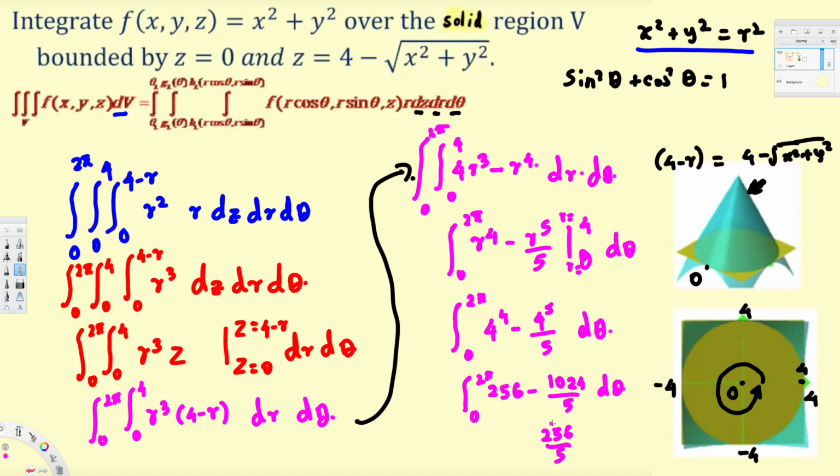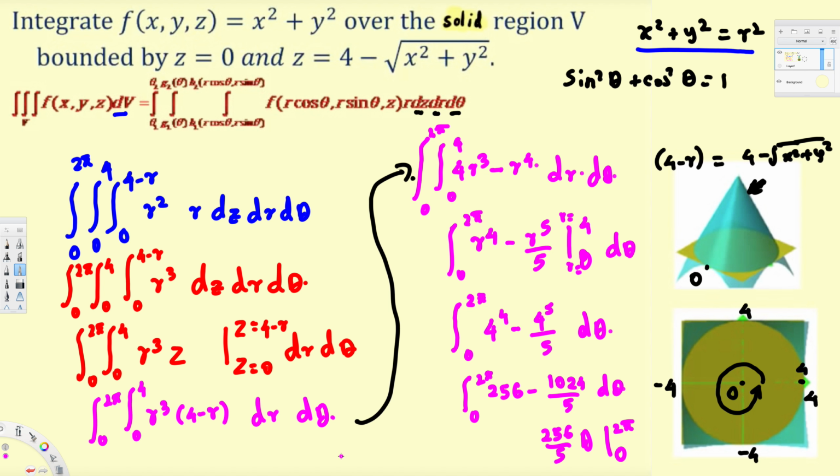And now if we integrate this one with respect to theta, this is just going to be a multiplication by theta, because we don't have any theta, going from 0 to 2 pi.